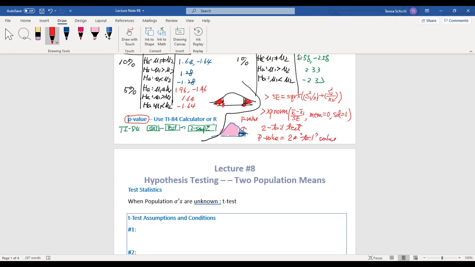Because R only gives you one tail, but for the two-tail test you're going to have both, so that's why you need to times 2. With the TI-84, you don't need to worry about it. The TI-84 is already programmed, so the p-value will be whatever the TI-84 calculator gives you. You don't need to times 2, because when you choose which tail you do, it automatically calculates that.